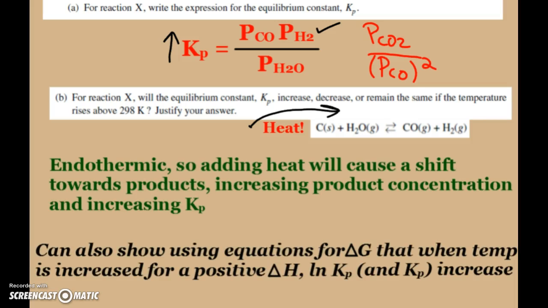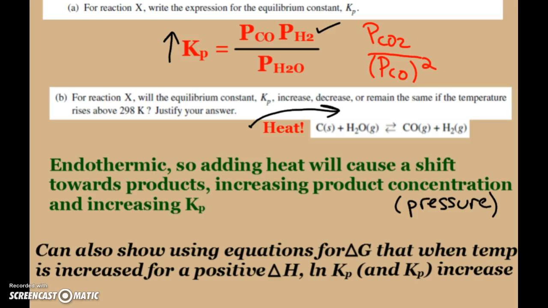All right, so it is endothermic. So adding heat causes a shift towards product, increasing product concentration, or you could say increasing product pressures. And that will increase my Kp value. Now, you could also, through some magic of manipulating equations, use the delta G equals negative RT ln K equation in your test-taking packet.